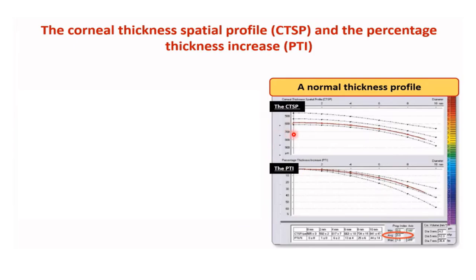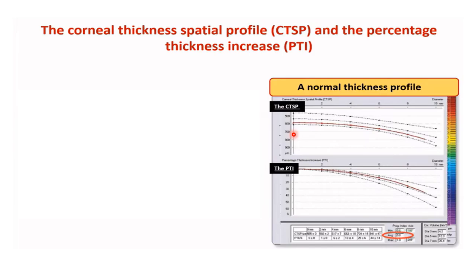As you know, the thickness of the central cornea normally ranges around 500 micrometers, and at the periphery around 650 micrometers. So this progression in a normal cornea is usually smooth and regular. However, in abnormal corneas, this progression is not uniform and sometimes deviates and has abrupt changes along the course.